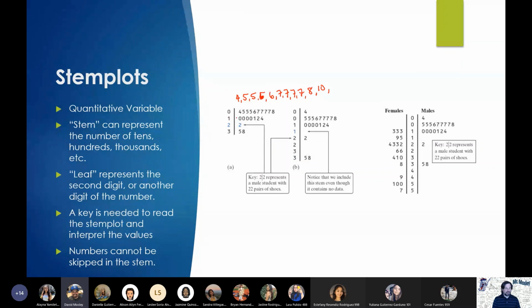So we have a 1 and then 4 zeros. That means I had 10 show up 4 times. And then 11, 12, 14, 22, 35, 38. So the string of red numbers here would be the data set represented by stem plot A.